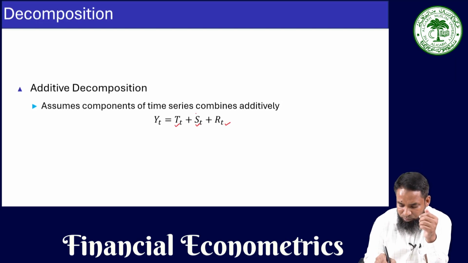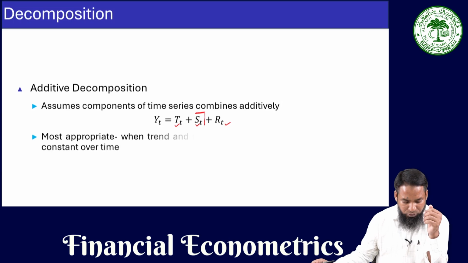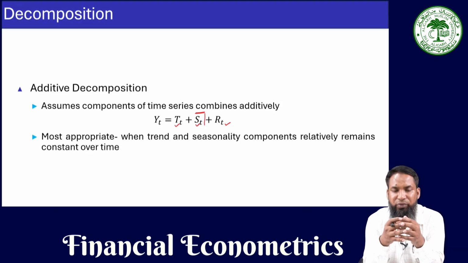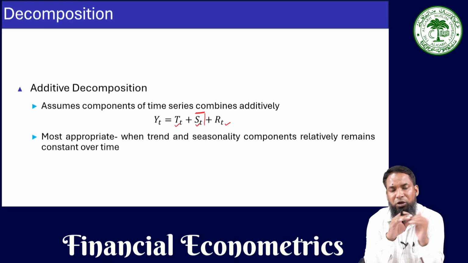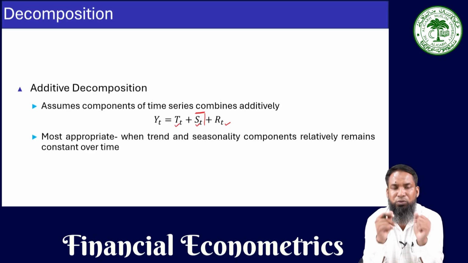Here both the seasonality and cyclicality we try to capture using one term, that is the seasonality. This method is mostly appropriate when the seasonal behavior or the trend behavior of the data over the years more or less remains the same, relatively constant over time. Then we use this method.